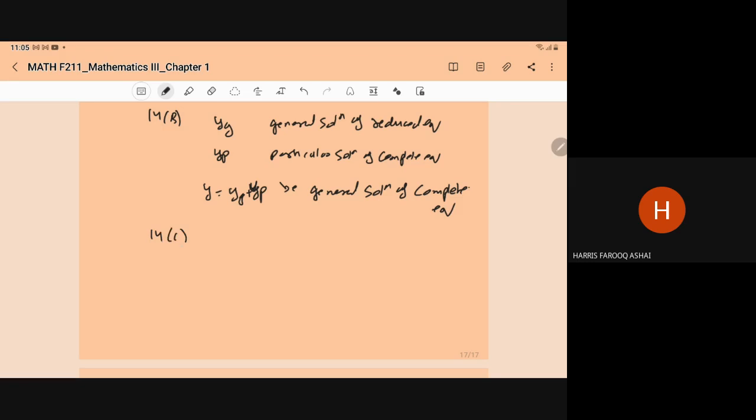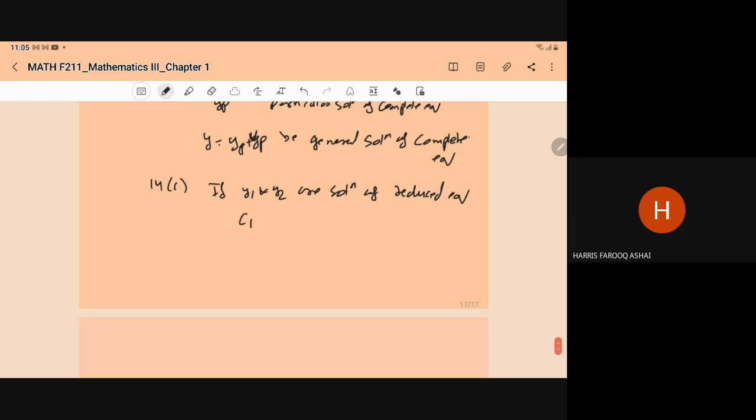Then theorem 14c states that if y1 and y2 are solutions of the reduced or homogeneous equation, then their linear combination c1y1 plus c2y2 is also a solution of the reduced equation.